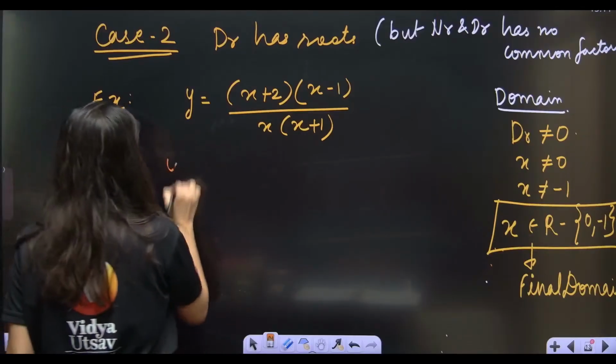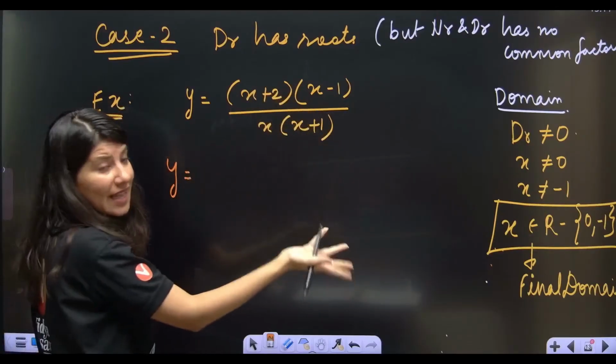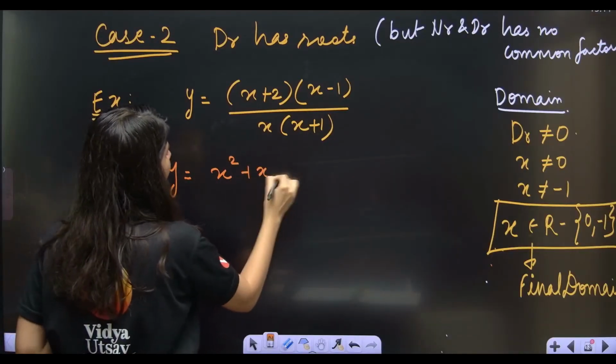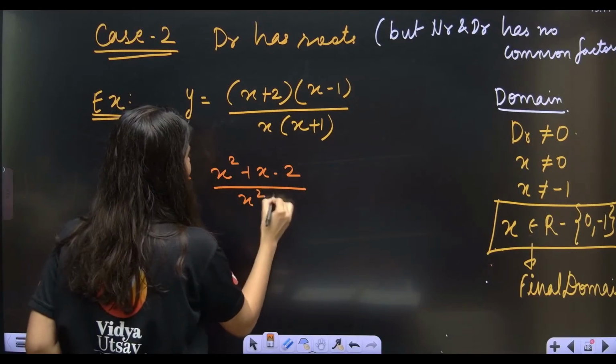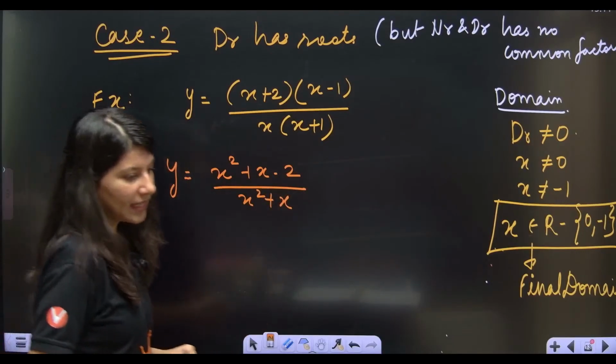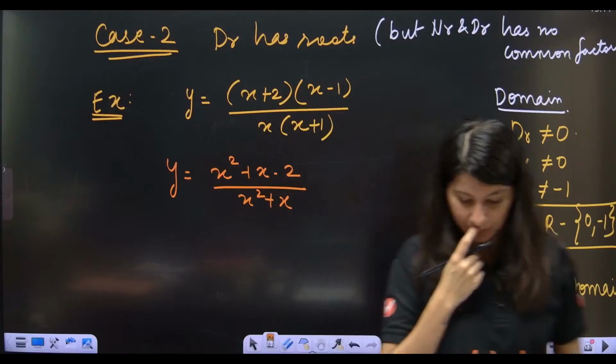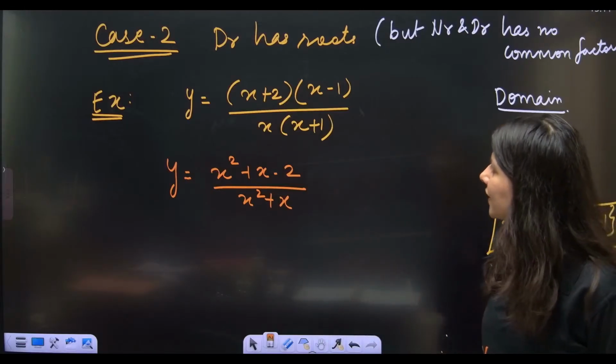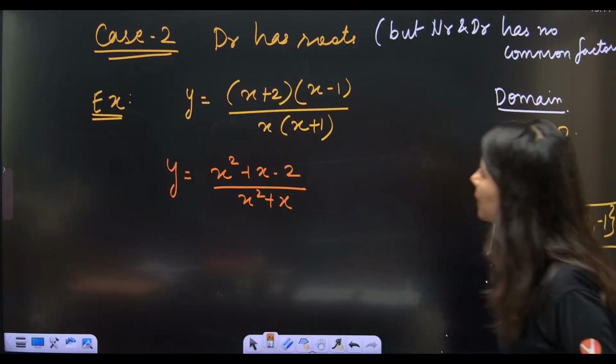Now, because nothing is going to get cancelled out, multiply out: y = (x² + x - 2) / (x² + x). Correct or not?